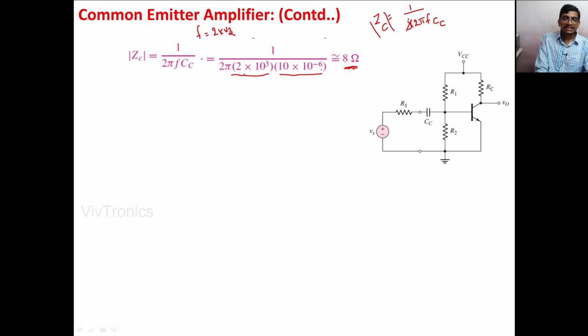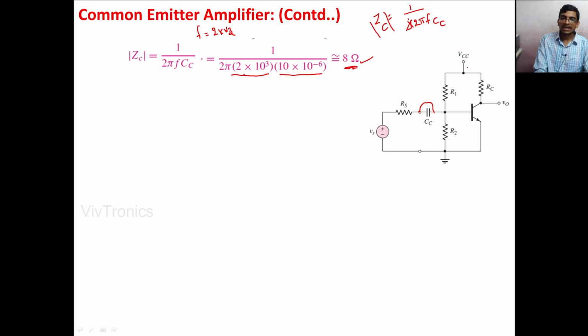After applying these values, Zc will be equal to 8 ohms, which is a very small value. So in our analysis, we can eliminate the Cc by short circuit because it is a small reactance value.